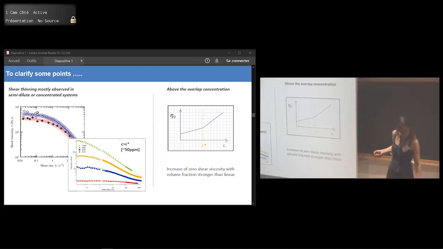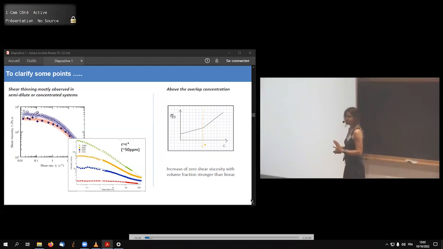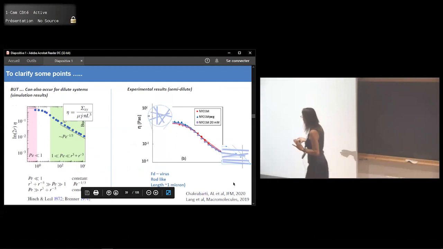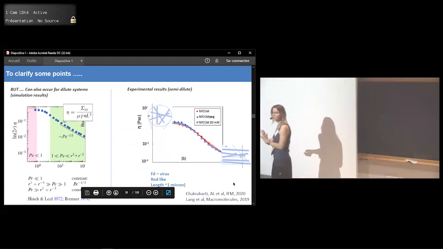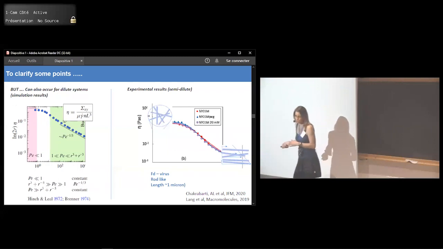Nevertheless, the effect also exists in very dilute suspensions or solutions of fibers or rod-like polymers, as I explained to you, and the result shown here is from a simulation. All the mechanisms I explained are represented in this simulation result, and there are numerical and analytical predictions that tell you that also in this case you have a plateau at very small shear rate, and a decrease of the viscosity with an exponent of -1/3.